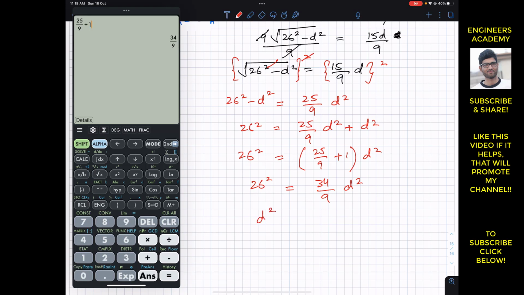And now from this we can say that d square is 9 into 26 square divided by 34 if we cross multiply.